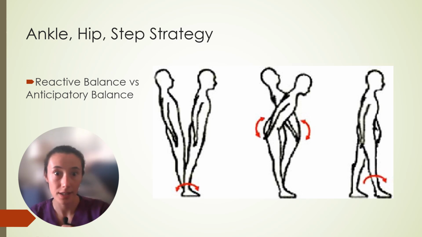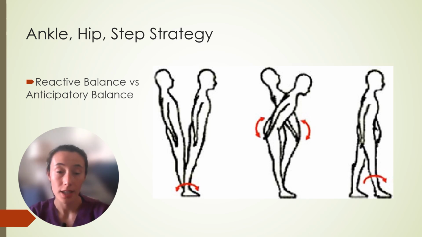Reactive balance is like you're walking or you're standing and there happens to be an earthquake going on and the floor is moving under you, so you have to react to these perturbations that are throwing your balance off. Reactive balance is where you cannot anticipate how your balance is going to be thrown off. If that were to happen, these are the 3 strategies that humans can use to make sure that our balance is maintained and we avoid falling.